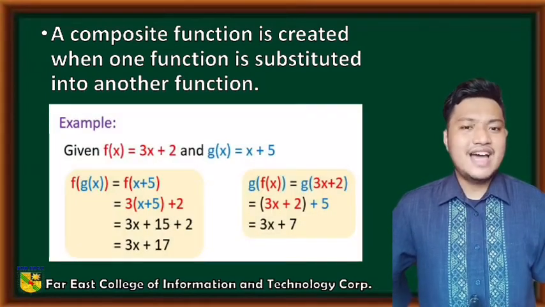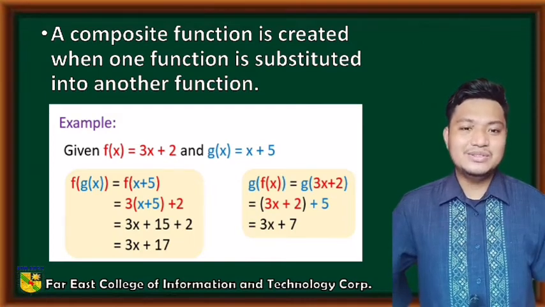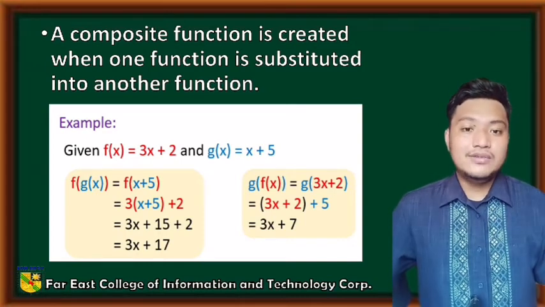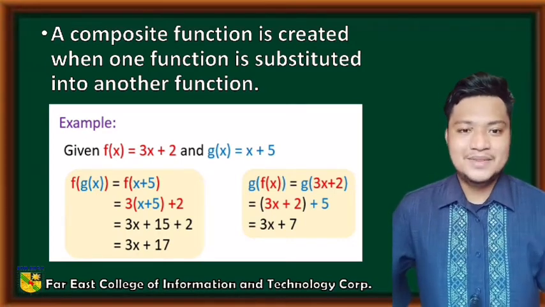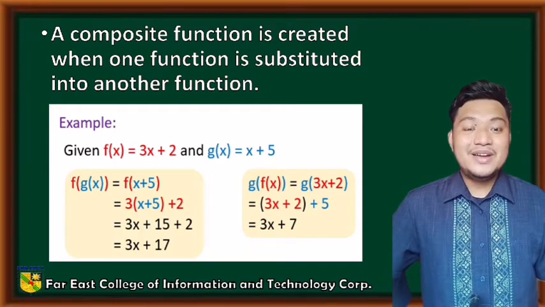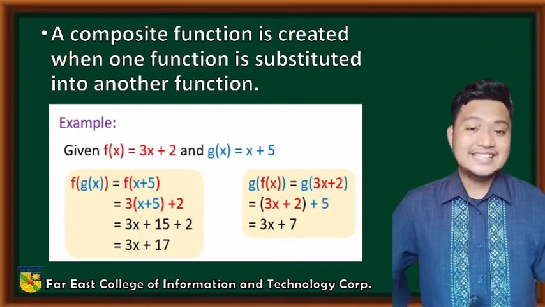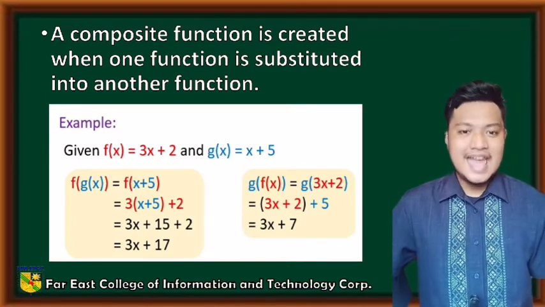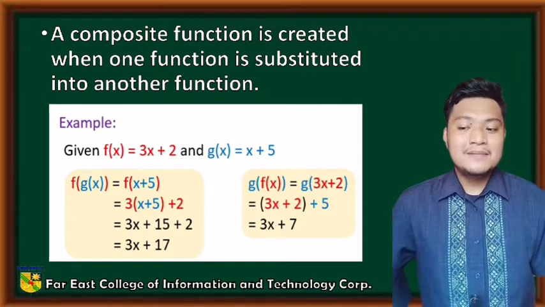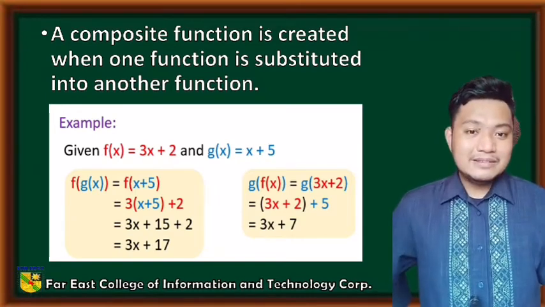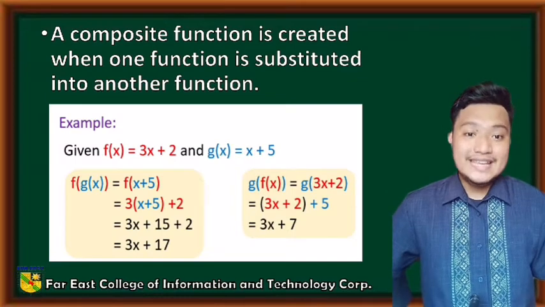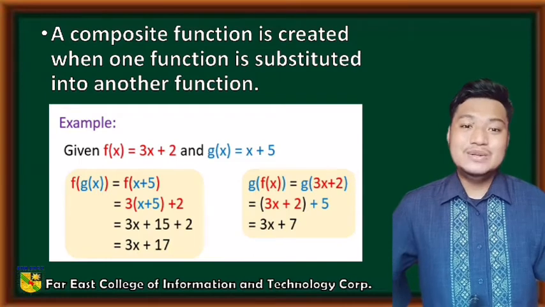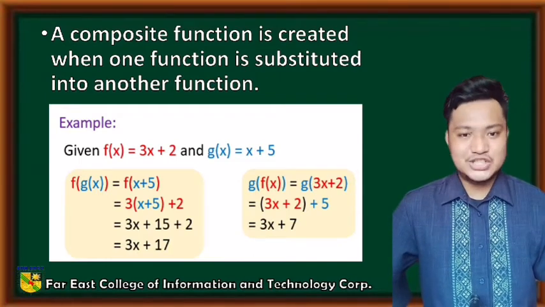Given that f of x is equal to 3x plus 2 and g of x is equal to x plus 5. The first function, f of x equals 3x plus 2, serves as the equation. And the second function, g of x equals x plus 5, is the value of x to substitute into the first function.